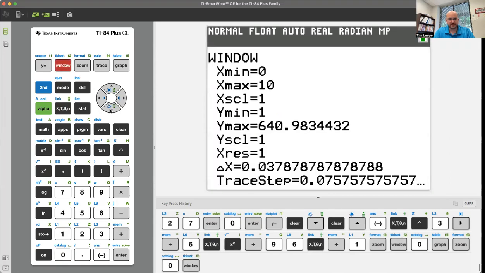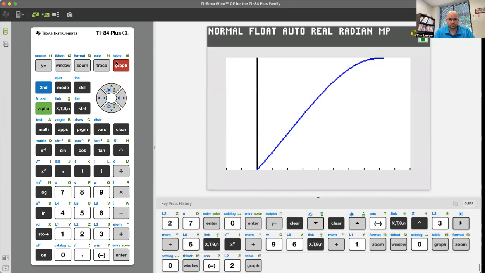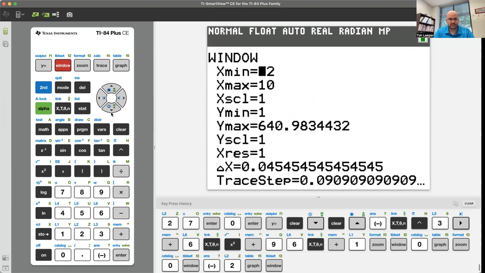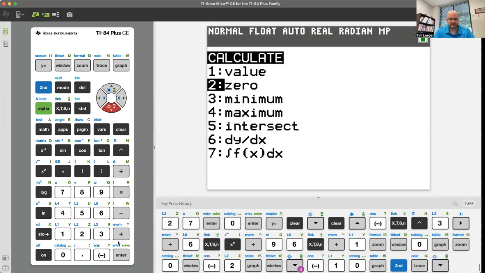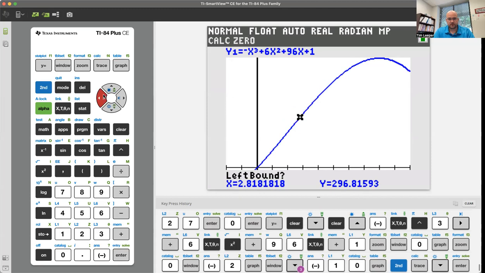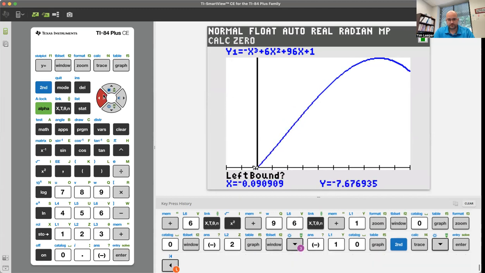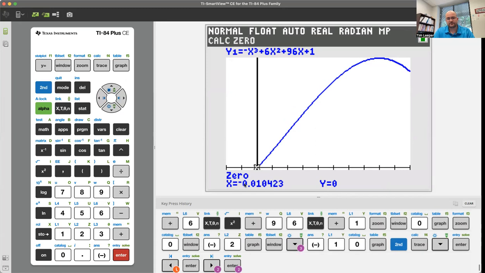So let me change my window. Let's make that negative 2. And the y minimum, let's make that negative 10. Okay, so it does cross here. So I'm going to do second calc, the 0. I'm going to move this all the way over to where I'm below the x-axis. Click enter. Go to where I'm above. Click enter and then enter again. And notice that it says negative 0.01. And so it actually never reaches 0 in 0 to 10 because that's a negative value.